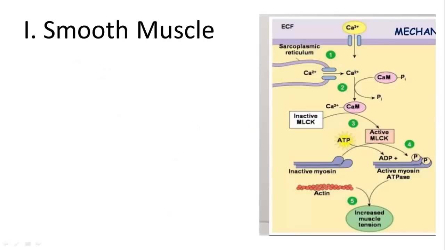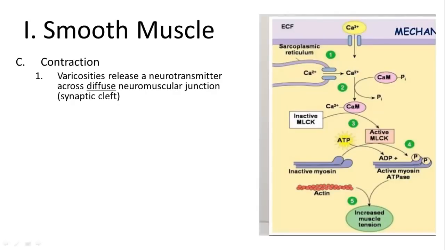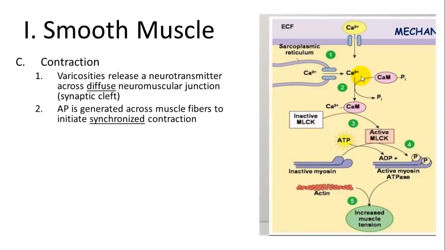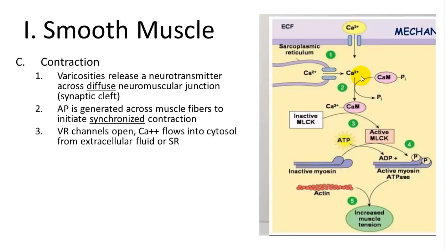So what happens in smooth muscle for contraction is the varicosities release the neurotransmitter across a much more spread out neuromuscular junction. An action potential is then generated across the muscle fibers into a synchronized contraction, so the fibers all contract at the same time. A voltage regulated channel opens, and calcium flows into the cytosol from the extracellular fluid, and most of it comes from there rather than the sarcoplasmic reticulum.